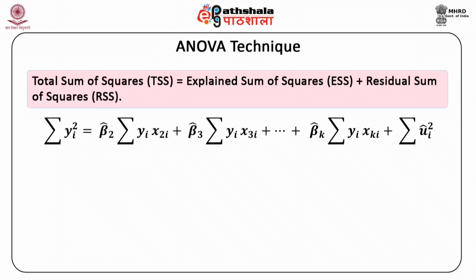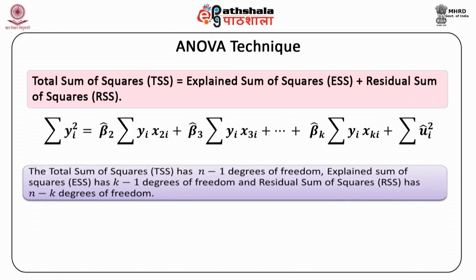Summation yi square is equal to beta 2 hat summation yi into x2i plus beta 3 hat summation yi into x3i plus so on up to beta k hat into summation yi xki plus summation ui hat square.